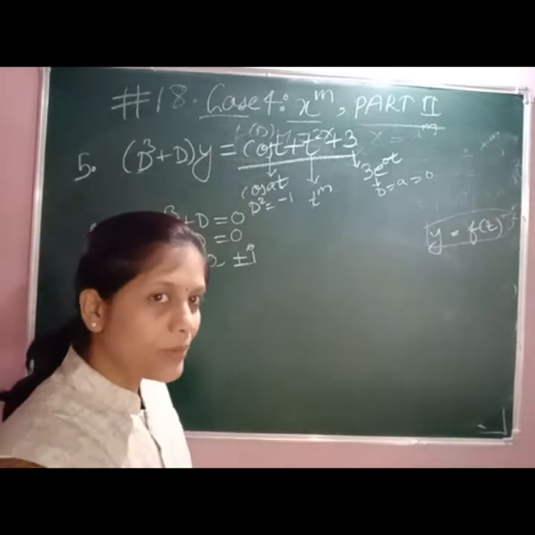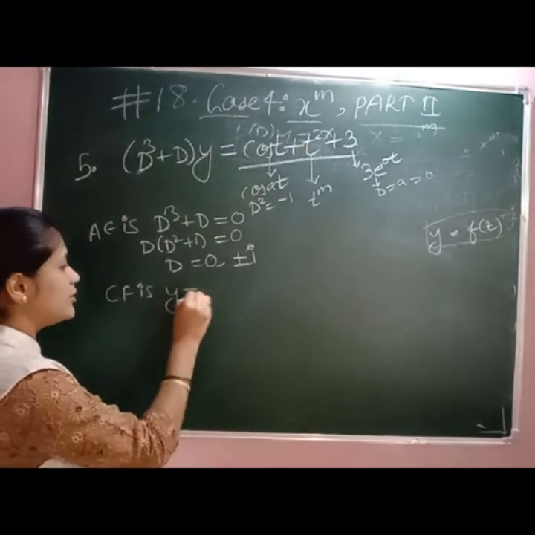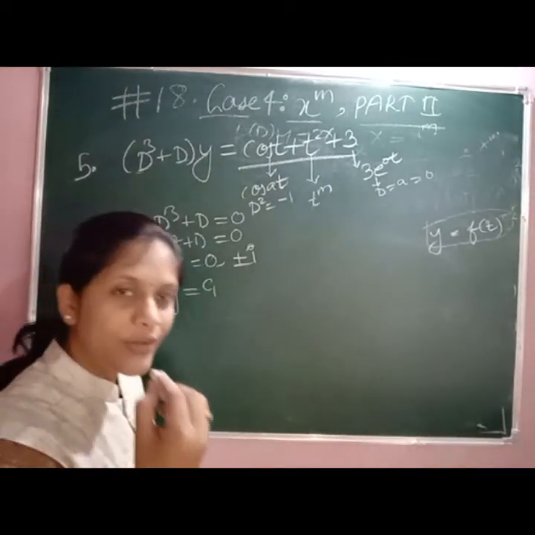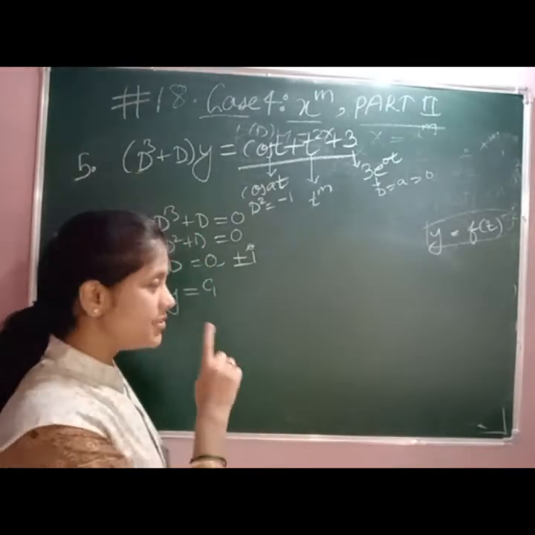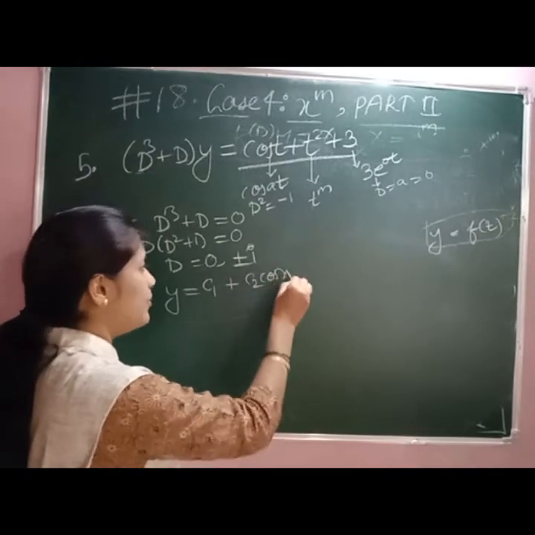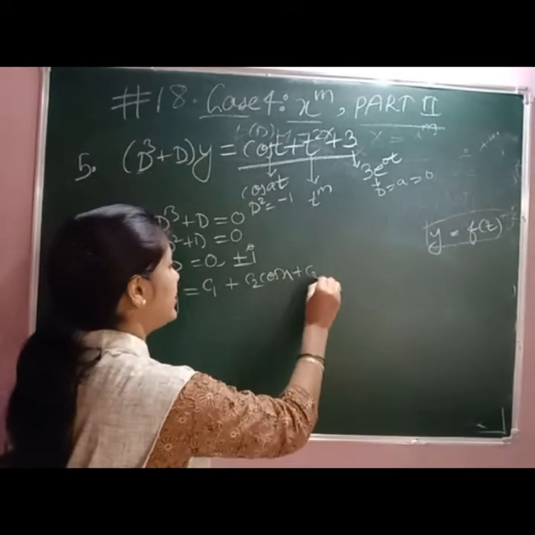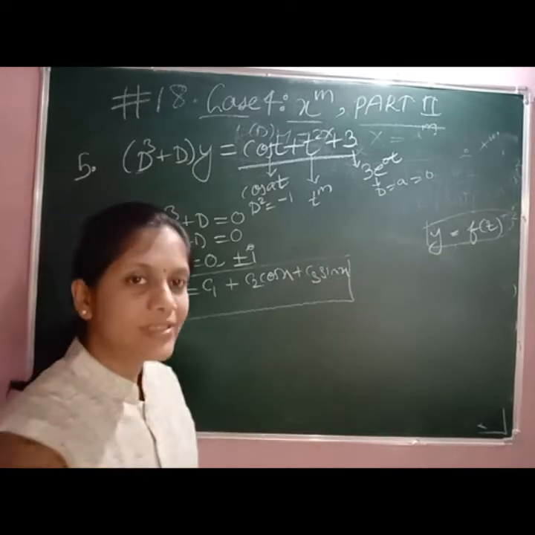So what is the complementary function? CF is y equal to c1, and if you want, you can write e raised to 0t, which is 1. So just c1 plus c2 cos t plus c3 sin t. So this is our CF.